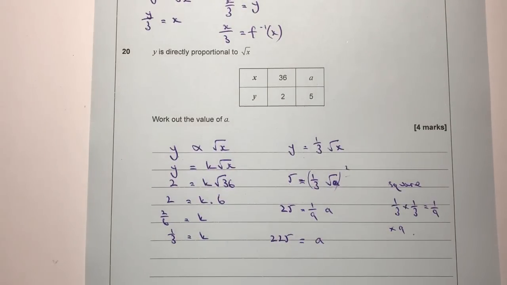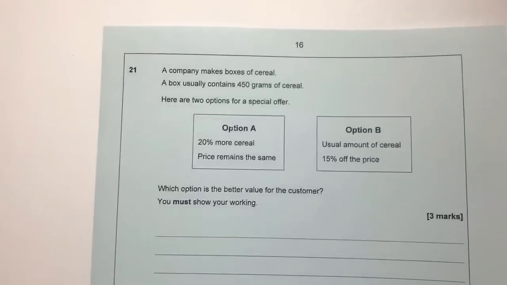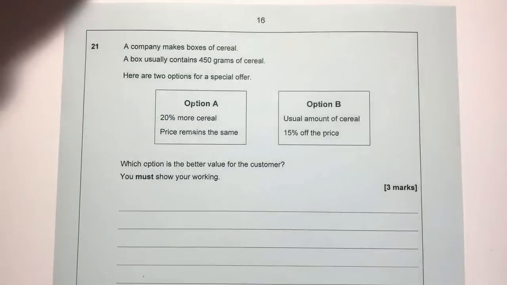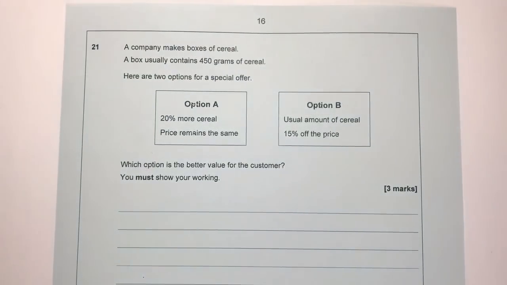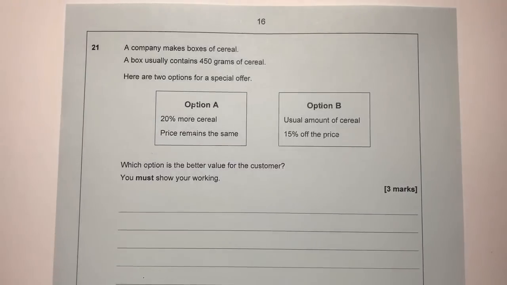So let's move on then to question number 21. Question number 21 is about a company making boxes of cereal. Okay, it's not too bad a question, but it does require you to work through fairly methodically. Now it says a company makes boxes of cereals. Boxes usually contain 450 grams.